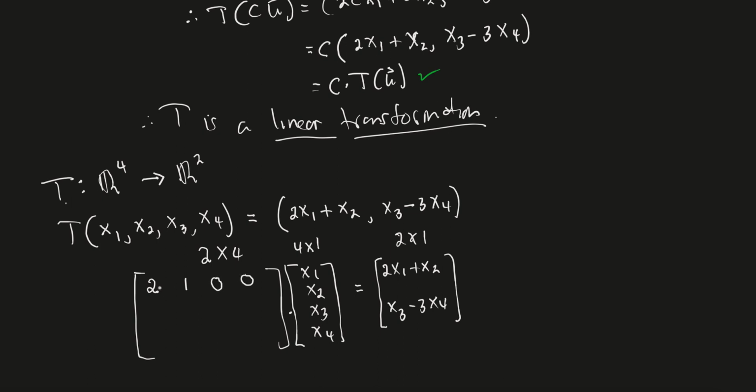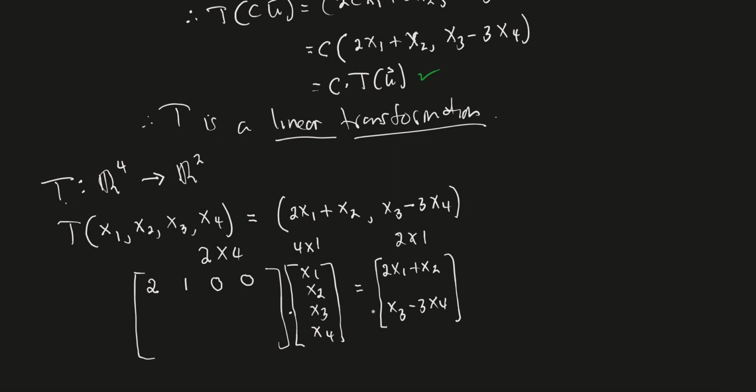Because if I did that and then did my row times the column, I would have 2 times x1 plus 1 times x2 plus 0 times x3 plus 0 times x4. And that's exactly what I have here in my first row, first column, or only column, right?